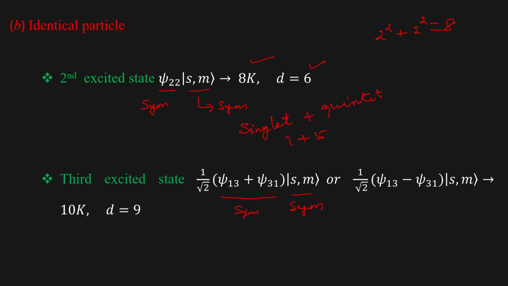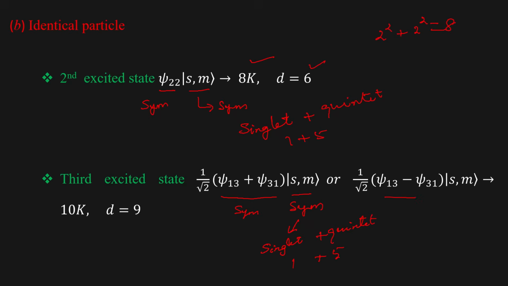So here, the spin part symmetric means you will have the singlet, which is symmetric, and the quintet.